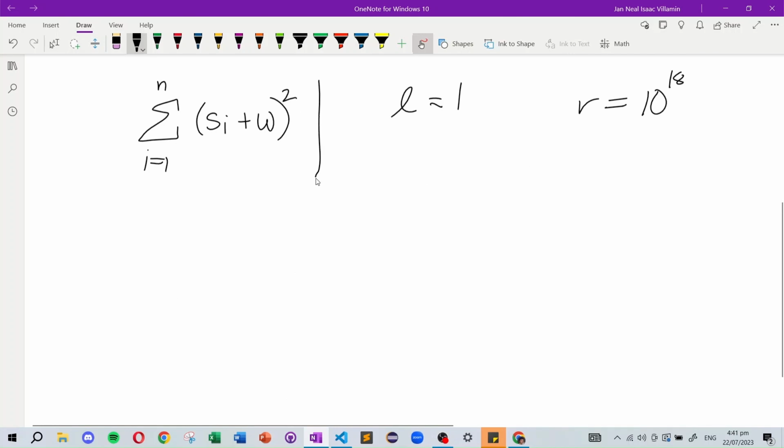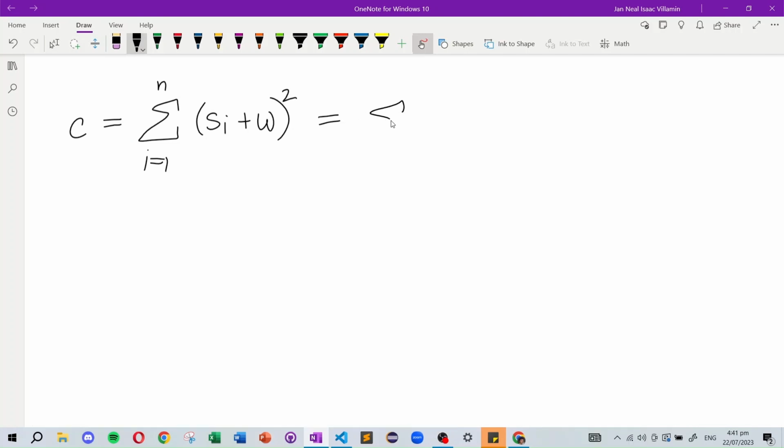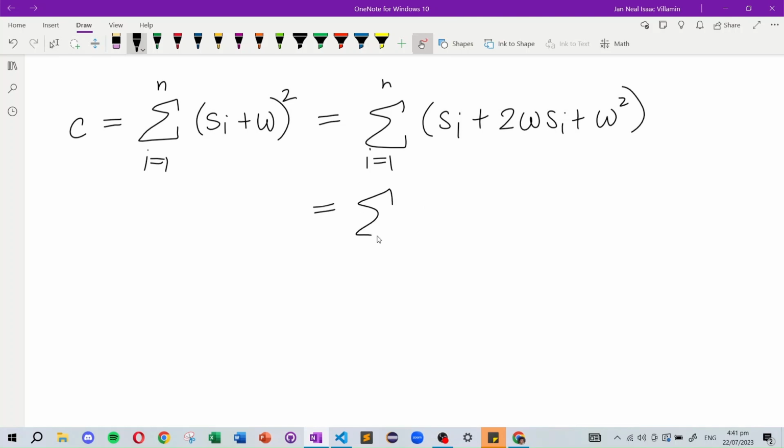So this is the summation that we want to find, and it follows that C is equal to this summation. So let's expand it. This is the summation from i equals 1 up to n of s sub i squared plus 2 w s sub i plus w squared, and then we distribute the summation.